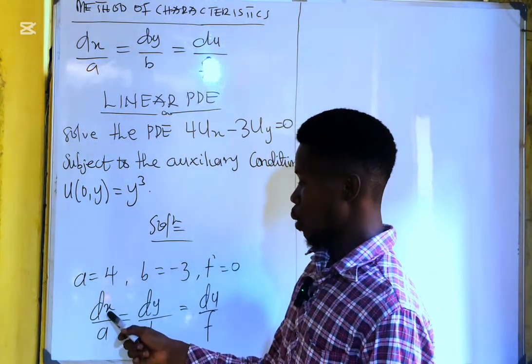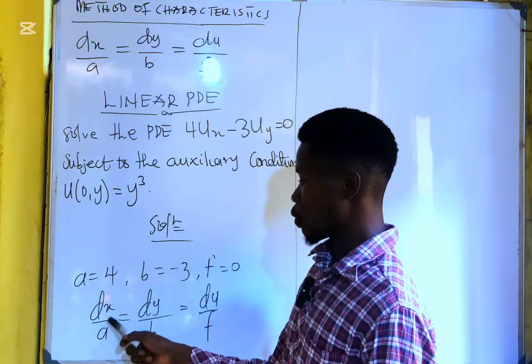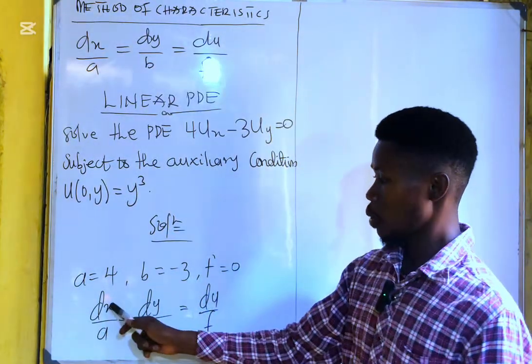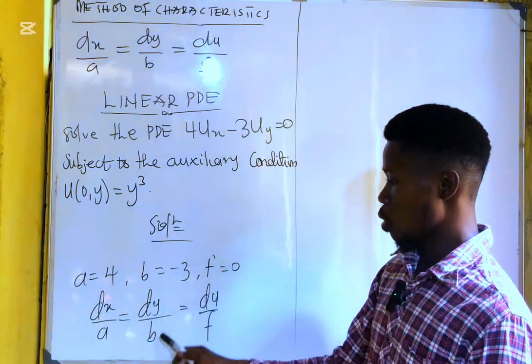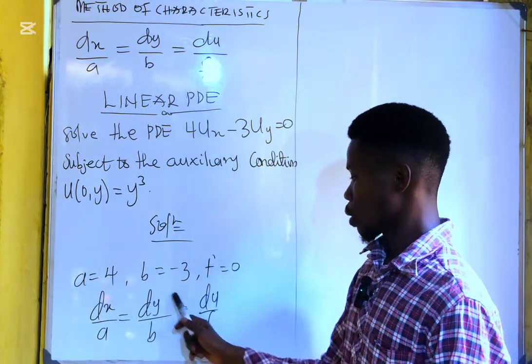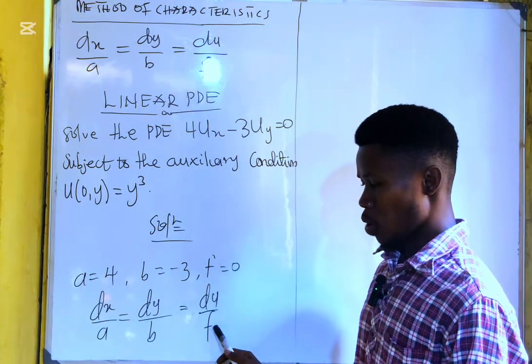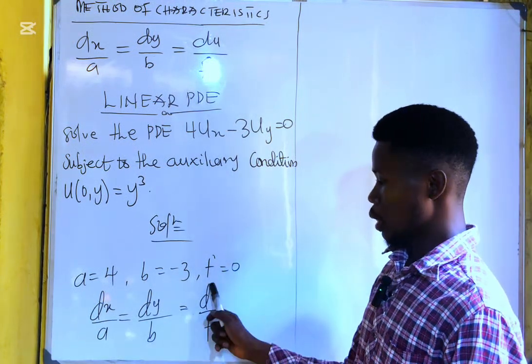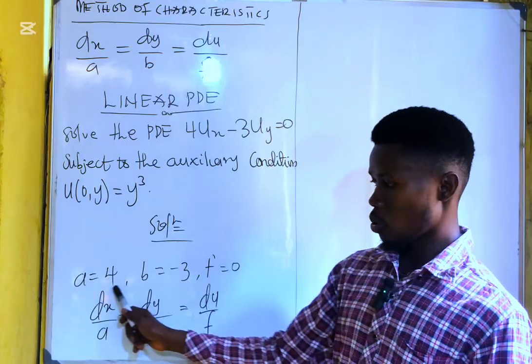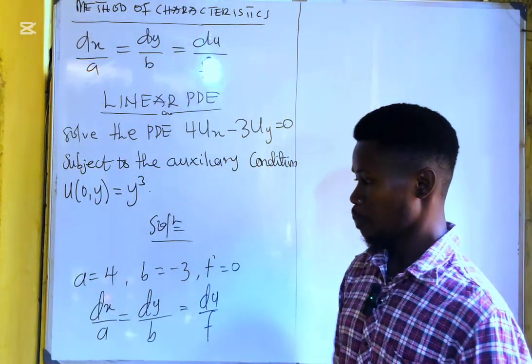Because A is for the x, that's why we are taking dx over A, dy over B. This is not delta, it is d, not partial, and du over F. Now in this case, F is 0, so here you won't do anything with it. We are going to tackle this one.